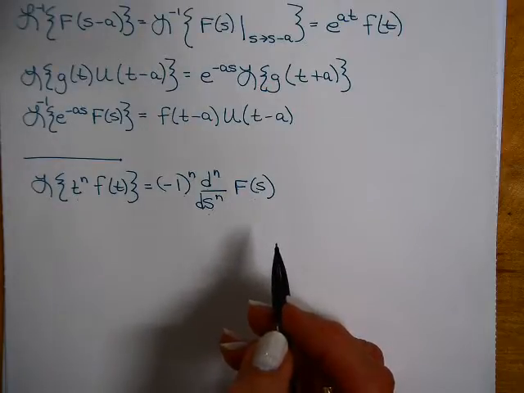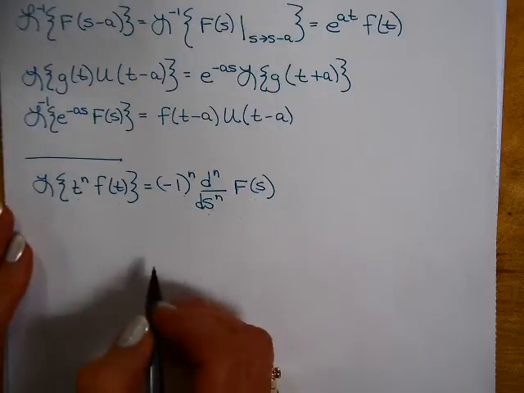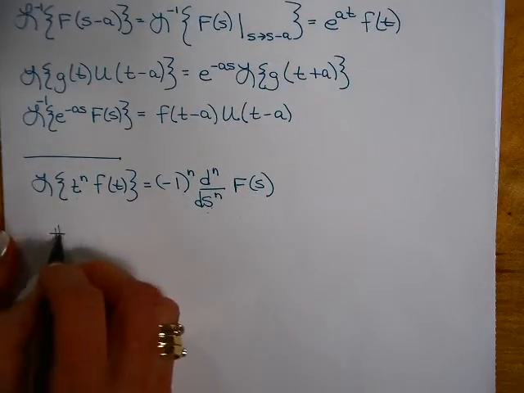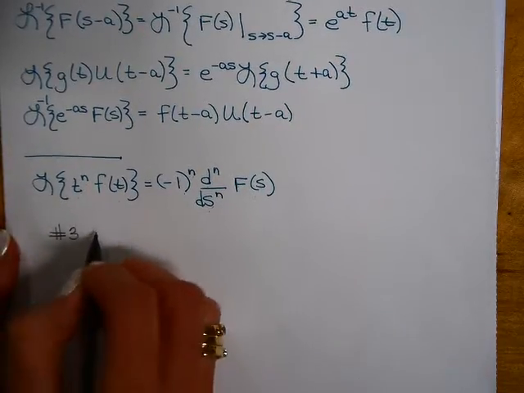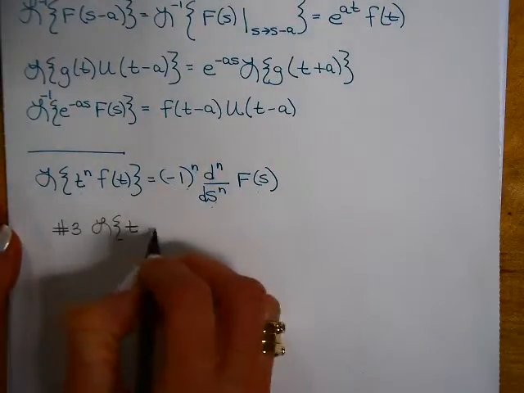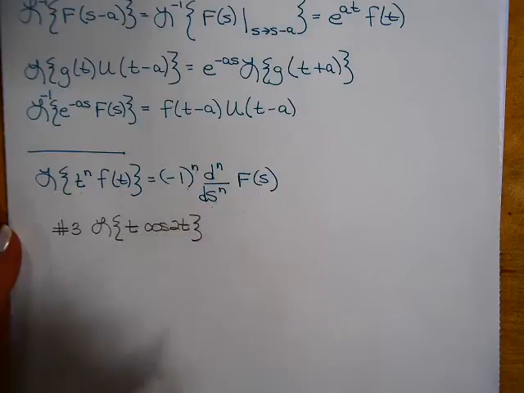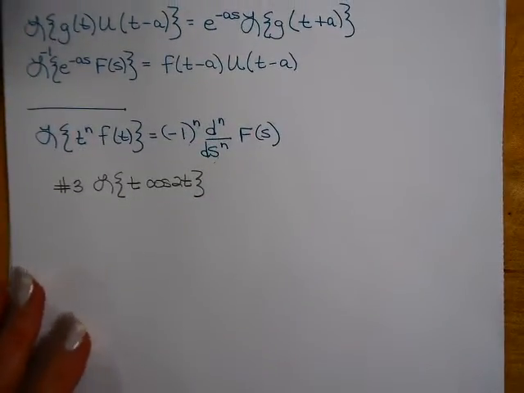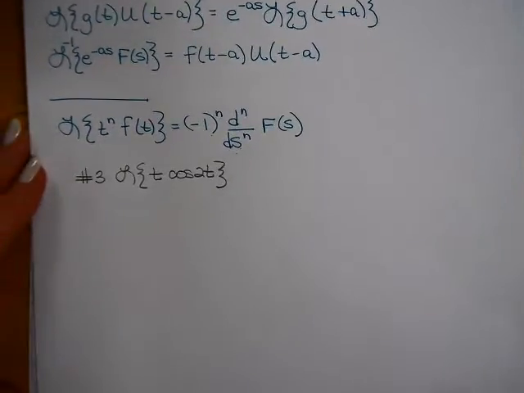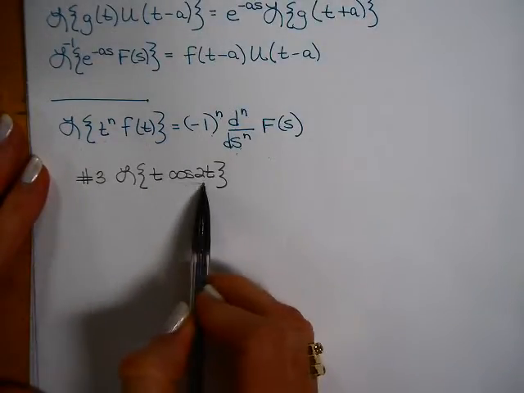Let's say we've got, let me find a problem, like number 3, where you want the Laplace transform of t times the cosine of 2t. You've got t multiplied times your f of t.